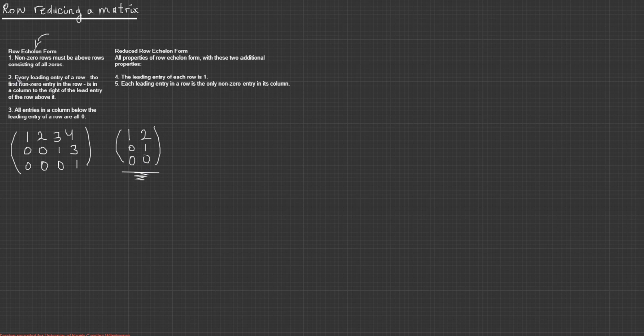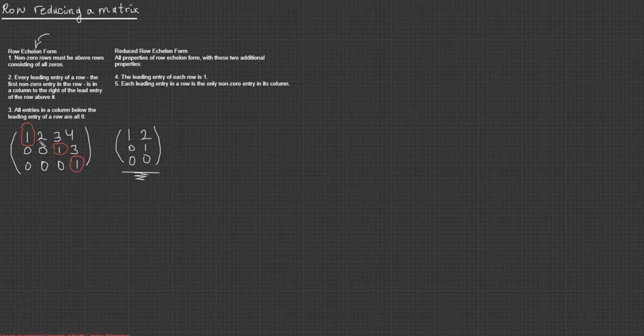So for the second property, every leading entry of a row, the first non-zero entry in the row, is in a column to the right of the lead entry of the row above it. Looking at this first example, we're looking for our leading entries in each row. Let me change color here, so I'll circle them in red. So that would be this one, and this one.